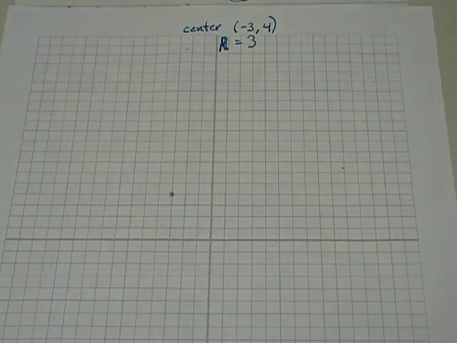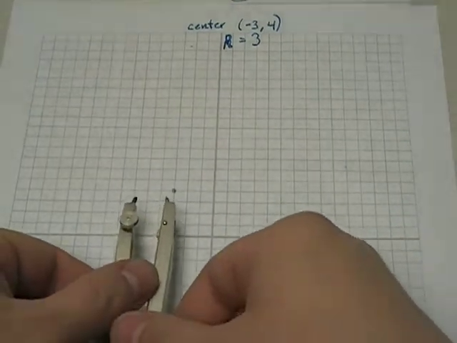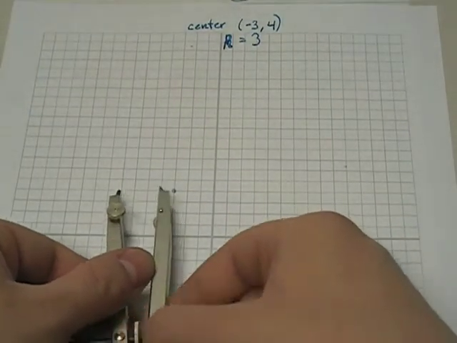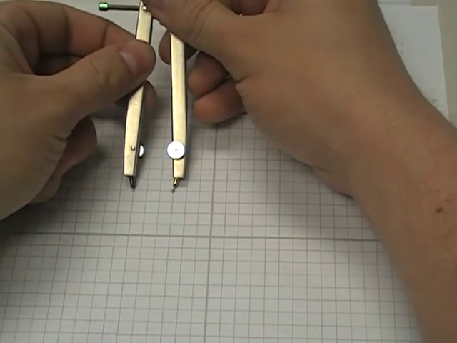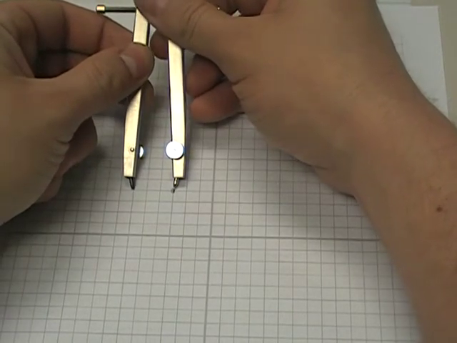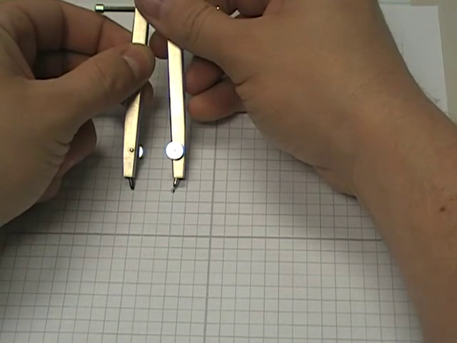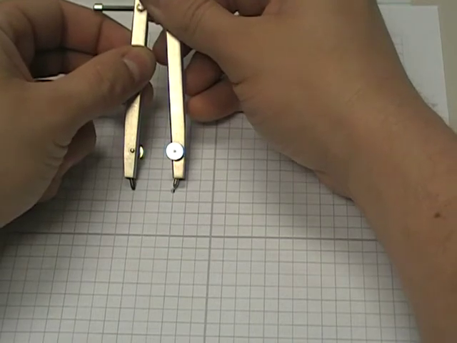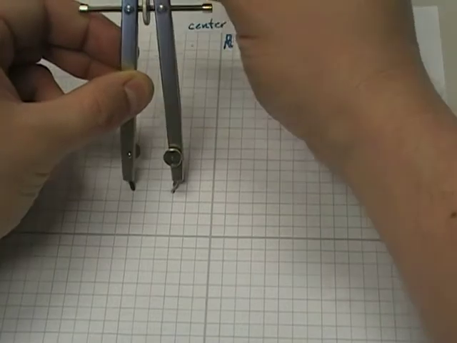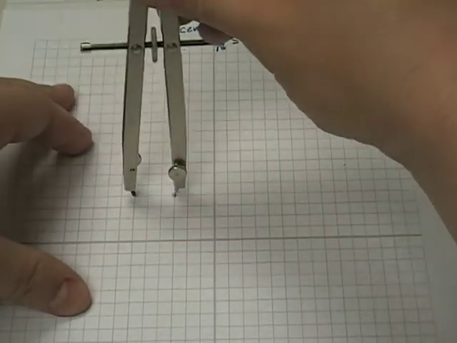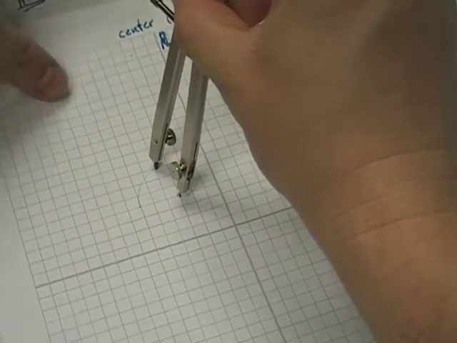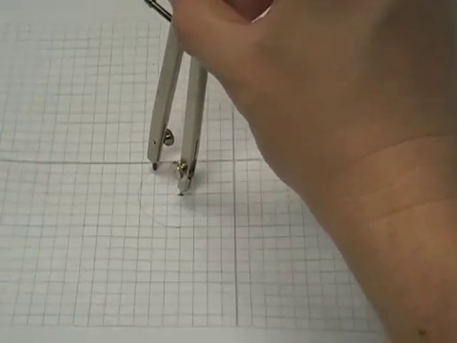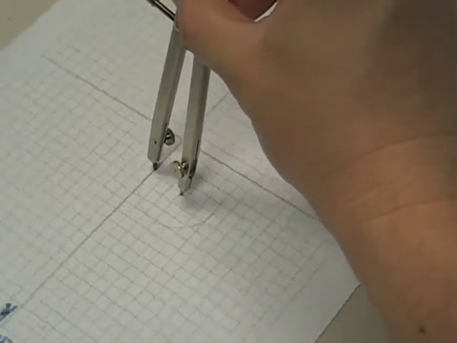Now, what is our radius? Our radius is 3. You have a lot of ways you can do this, but the easiest thing you can do is to take a compass and put your point at the intersection of your graph lines and spread it out so that the pencil lands exactly 3 grid lines away. And then I like to cheat and spin my paper. Leave my compass still and spin my paper.